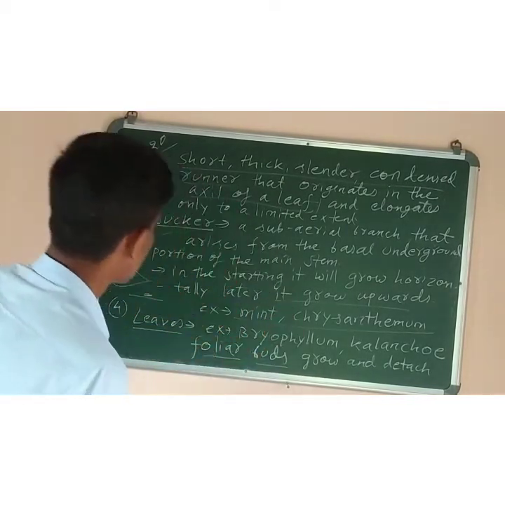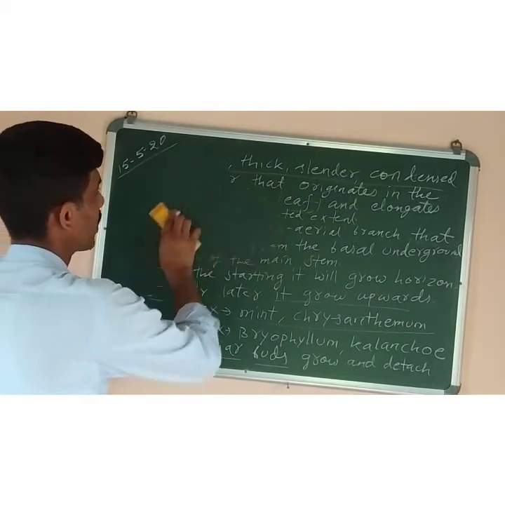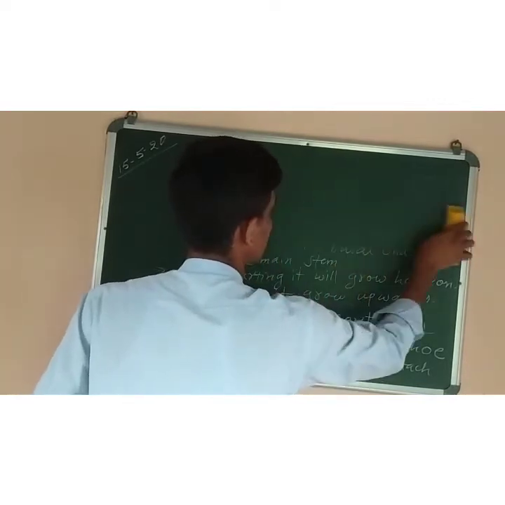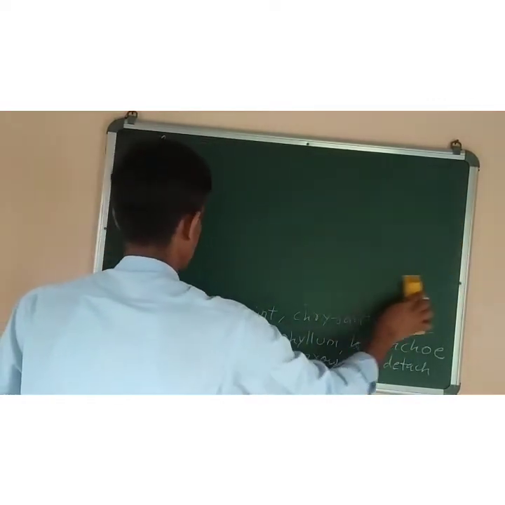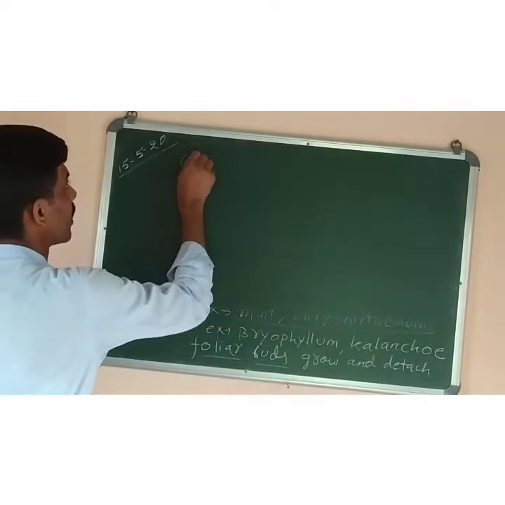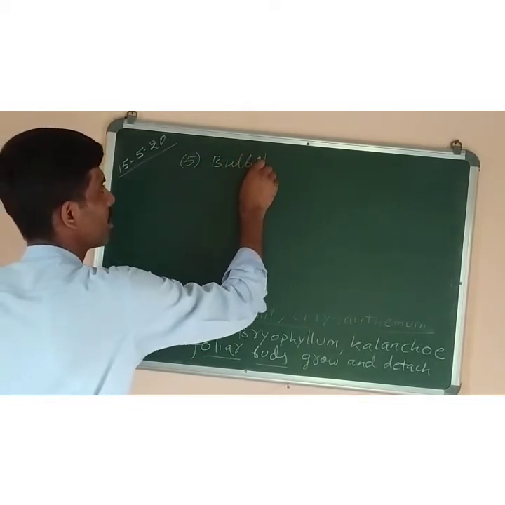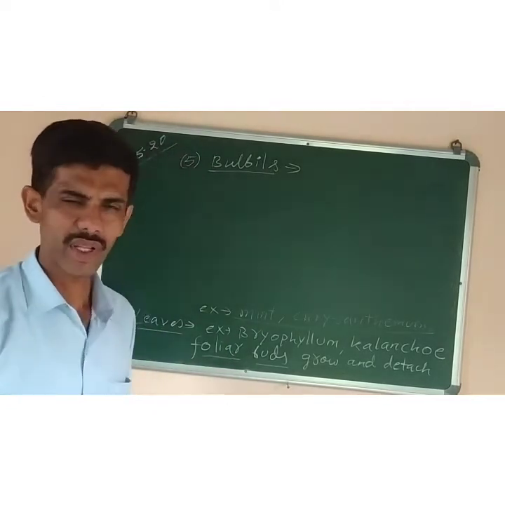Now next we have bulbils. Number 4 is completed. Now fifth one. Okay, number 5. Bulbils, from bulbils also. Now what is this bulbils?